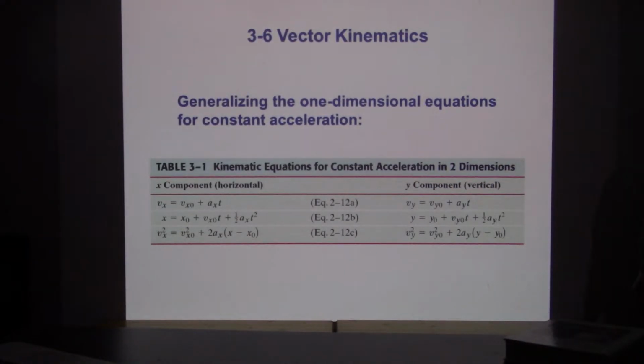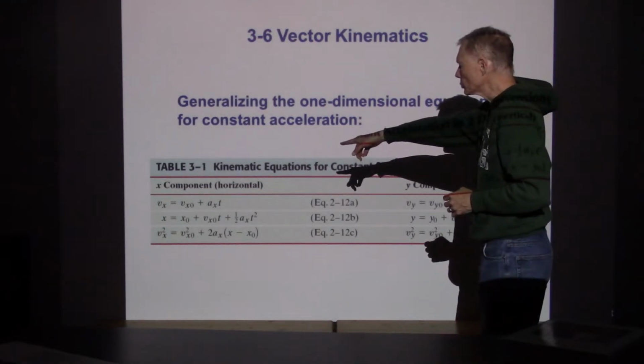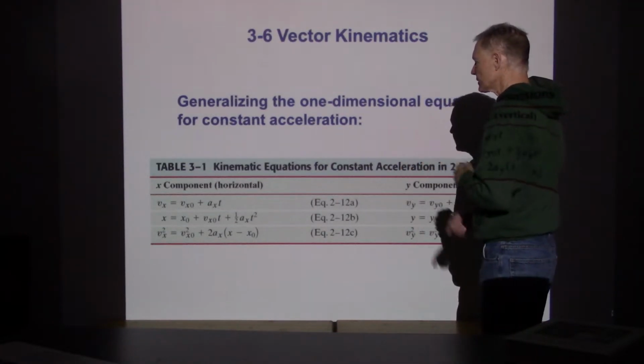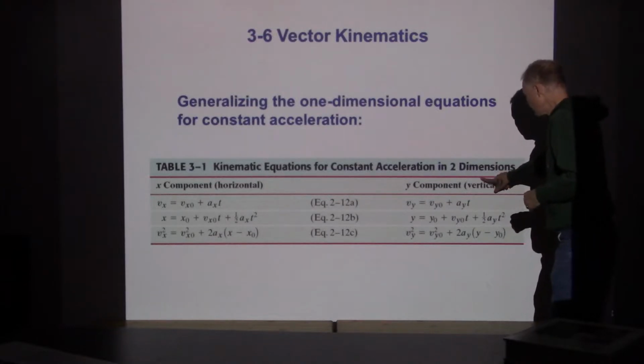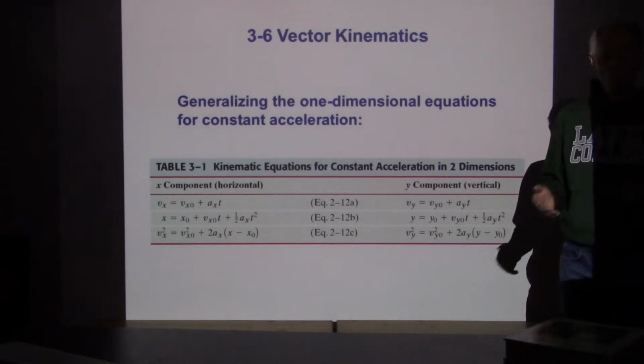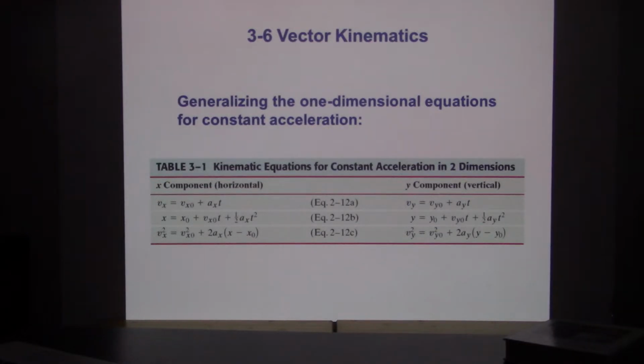You should be thinking we could do this for the z also. We've only shown two of the components, x and y. So this is the x motion, the x displacements, velocities, and accelerations. These are the y components of displacement, velocity, and acceleration.